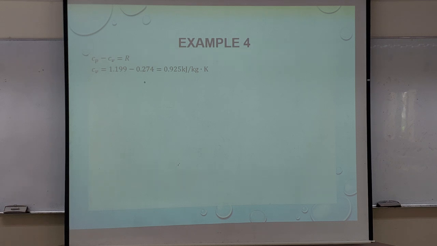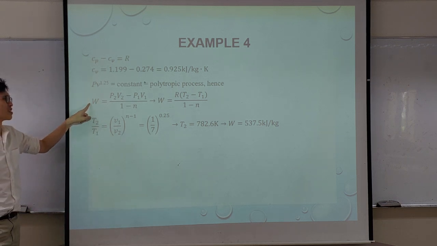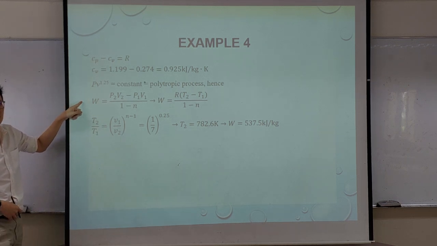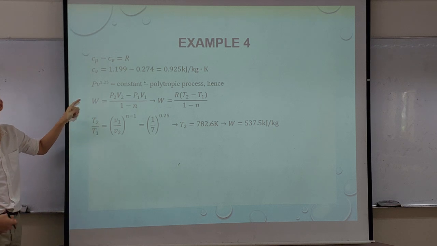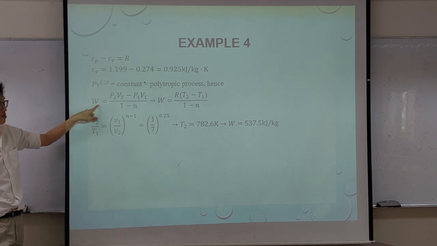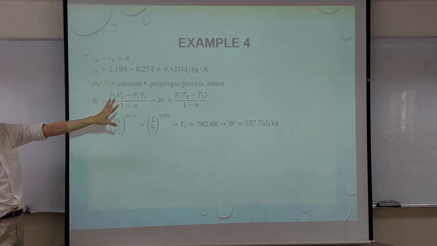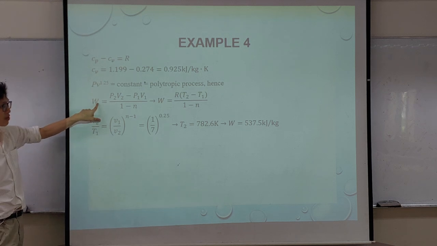And since you are given the PV to the power n equation, it means the boundary work is a polytropic process. Again, I don't really expect you to remember this, but you should know this equation. It should be a familiar equation, something we learned in boundary work.